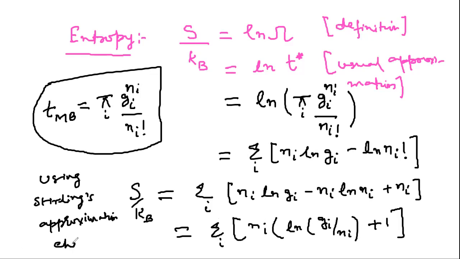Check this. I have just rearranged the terms. So we got S by kB is summation over i of n i times ln g i by n i plus 1. So n i is outside. Now we need to find this ln g i by n i and put it here according to Maxwell-Boltzmann statistics.